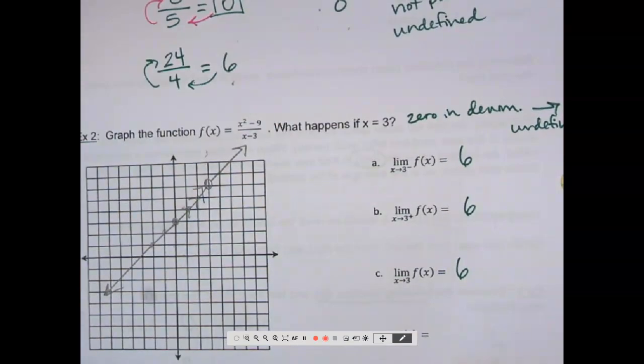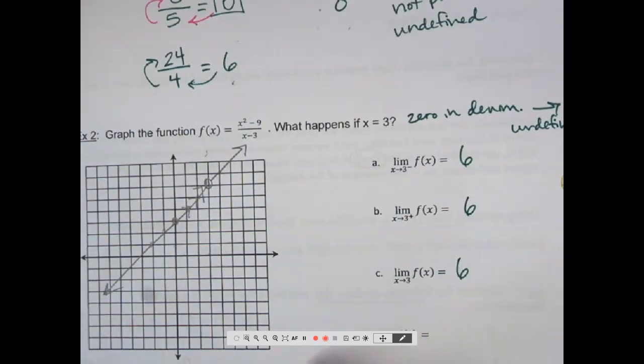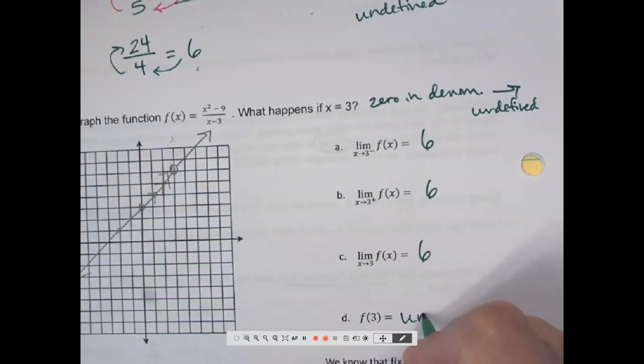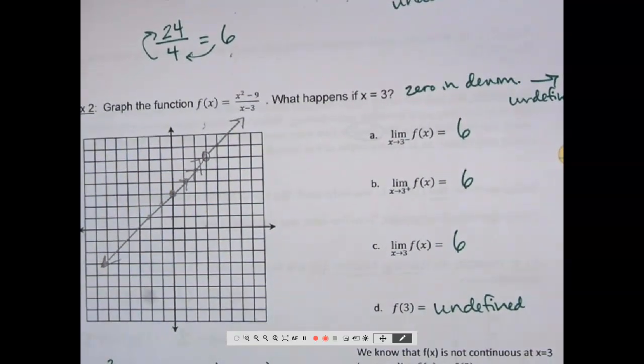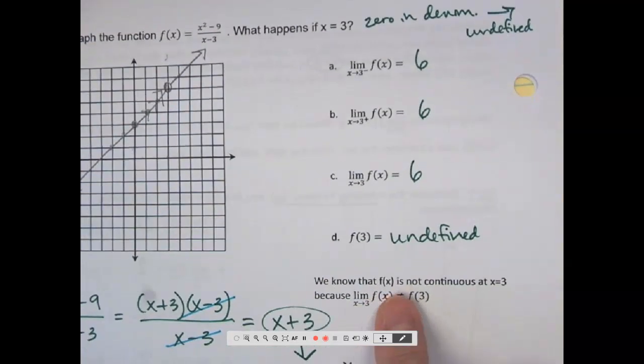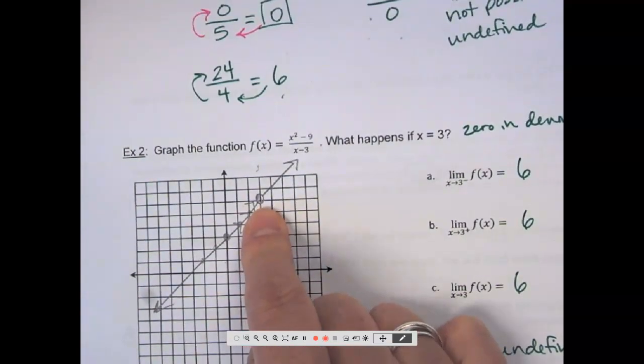Now, what is f of 3? Undefined. Or you could say does not exist. Because there is that open hole when I get to 3, but that doesn't affect the limit. Okay, we know that f of x is not continuous at x equals 3. Well, we knew it because we knew we put a hole there, right? So we have to jump over that. There's a discontinuity there.